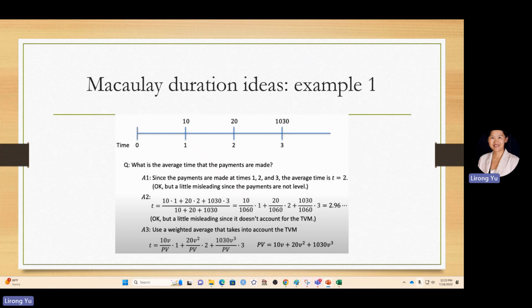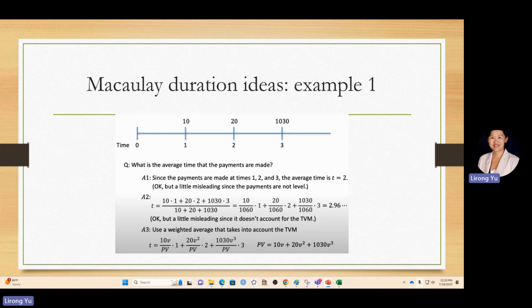What's the actual Macaulay duration? It is to find the present value of all these cash flows. So 10 times v, where v is (1+i)^-1, plus 20 v squared plus 1,030 v cubed. That is the total present value.